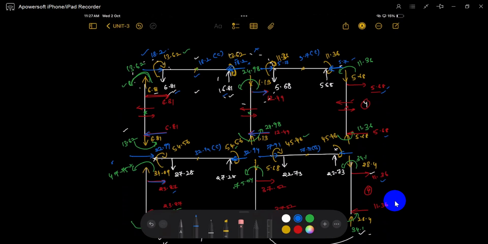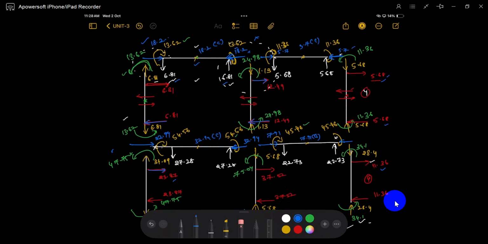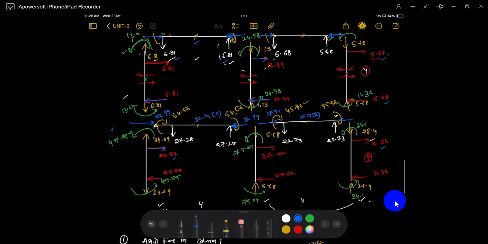So you may check it as 32.94 plus 12.49 minus 37.52, 7.9. So this value must be 5.68, because 11.36 is 5.68. So that's also a value of 5.68.